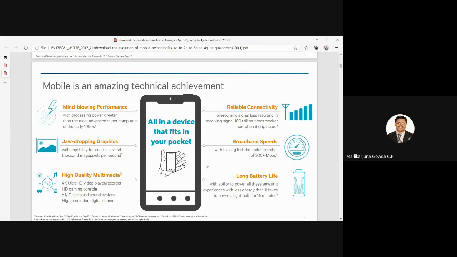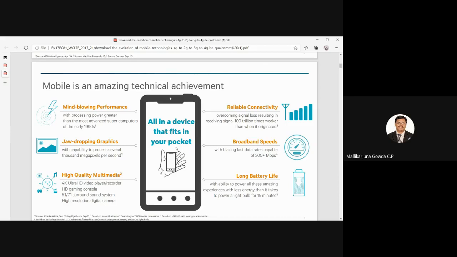So we expect a long battery life with the ability to power all these amazing experiences with less energy than it takes to power a light bulb for 15 minutes, as he has given in the example. If your device can stay for one day without charging, performing many operations like browsing 100 times, chatting, making video calls, you will be very happy.